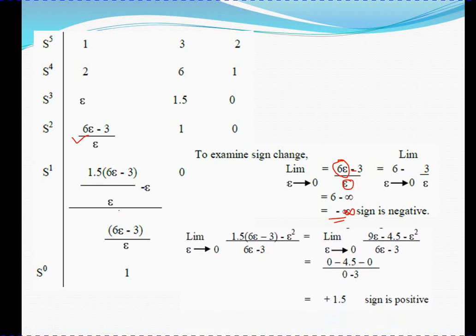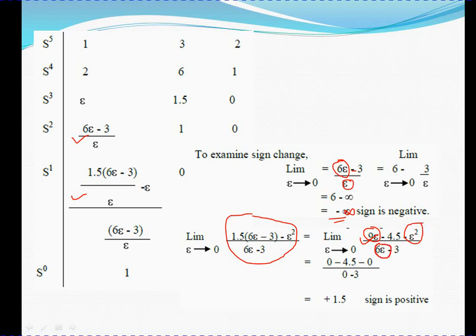Next, there is one more term in the s to the power 1 row. First you need to simplify it, and this is what you are going to get. Now we need to apply the limit as epsilon tends to 0, so this term will become 0, this term will become 0, and this term will become 0.